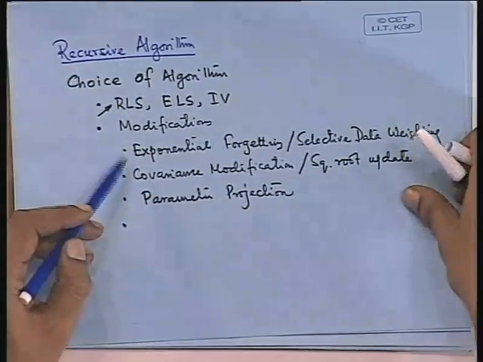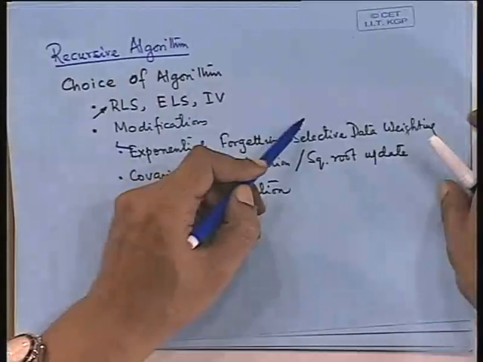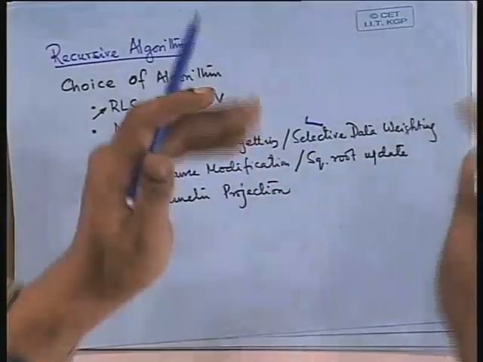And then you need to also think of various kinds of smart practical patches that you want to put in your estimator for it to work well. For example, exponential forgetting, selective data weighting. You don't want to update your model all the time. If you have too little prediction error, it's good. Don't update parameters.